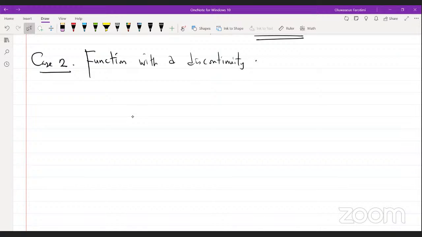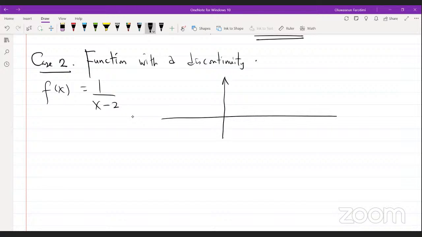Okay, so we'll proceed. Now, let me give you an example, guys. If you have a function f of x equals 1 over x minus 2. Okay, let's remind ourselves. I bet that some of you are going to remember this.